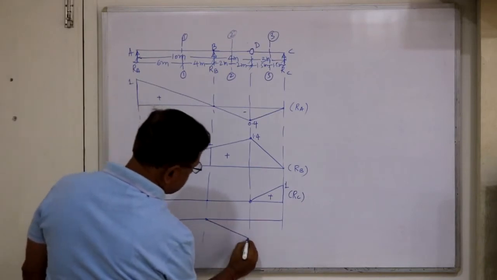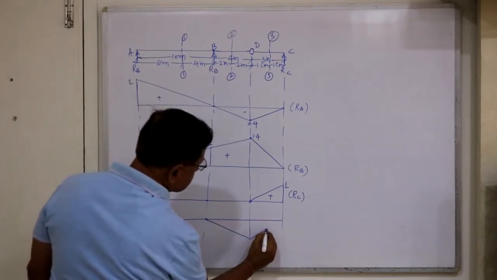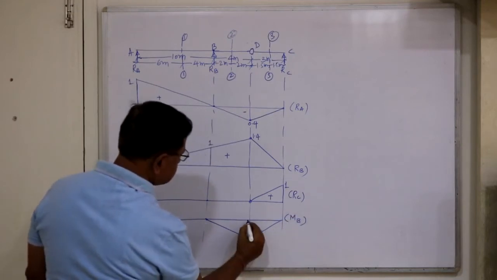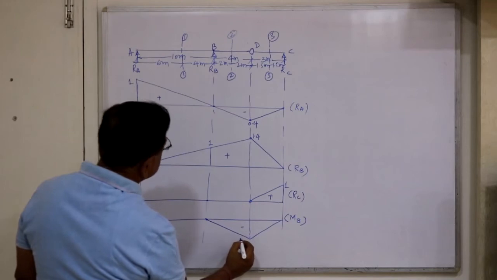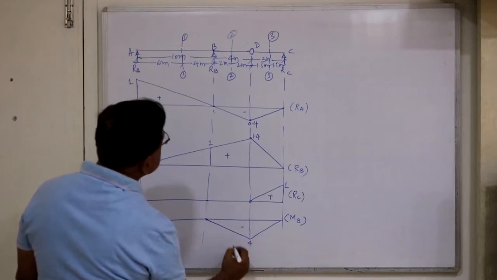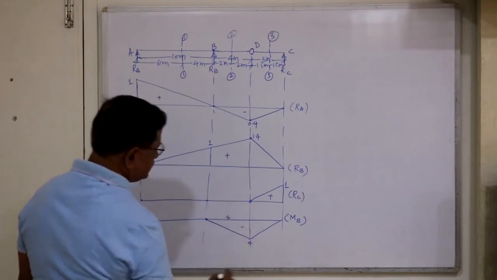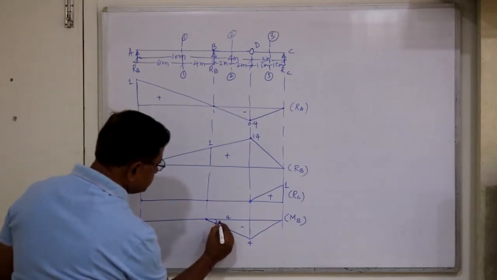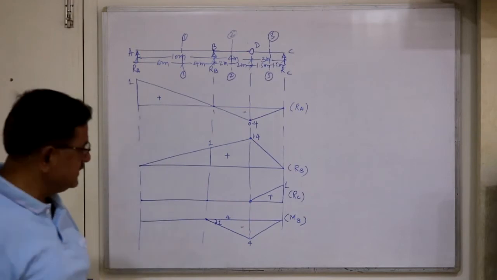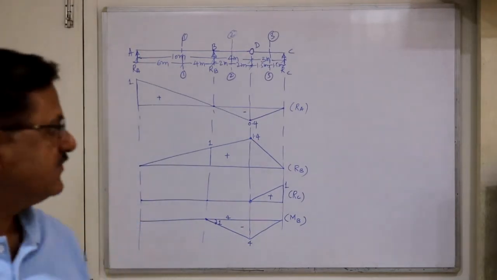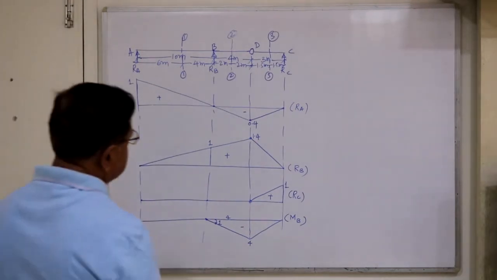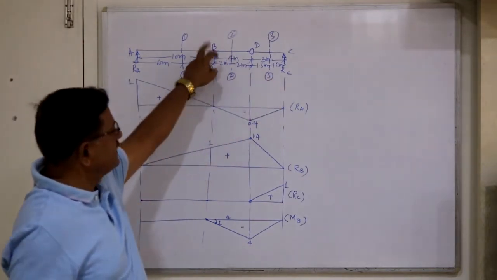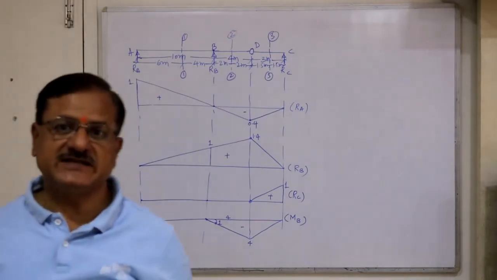So again you will get this is MB, bending moment, and this ordinate is 4 because its base is 4. Ordinate is also 4, and the unit rotation is here. So the ILD for bending moment at B. Now for RA, RB, RC and moment at B we have constructed influence line diagrams.